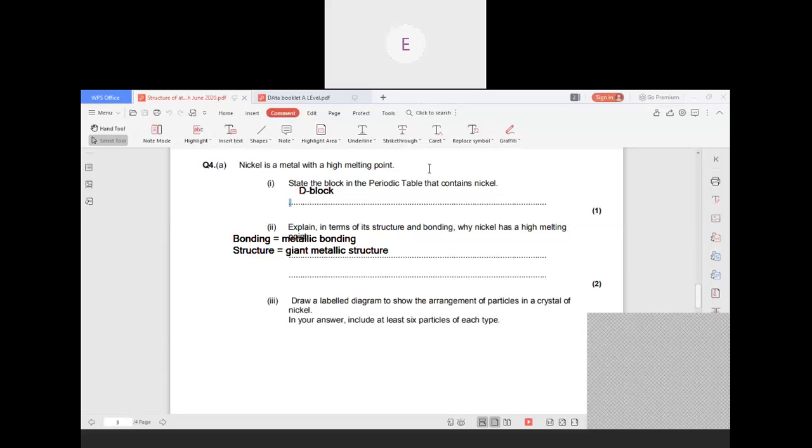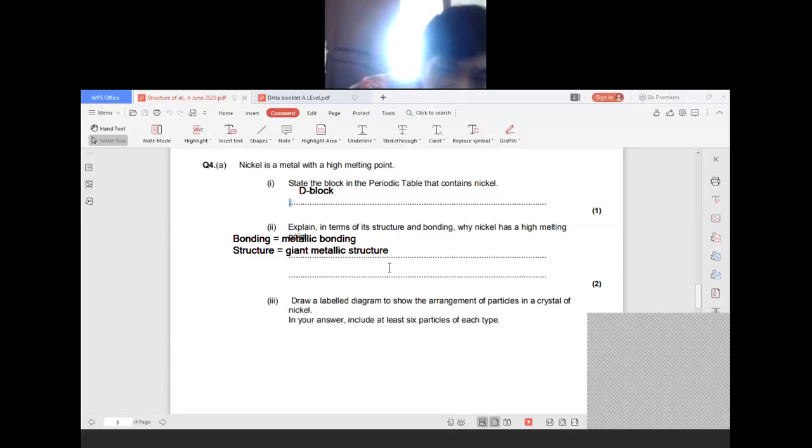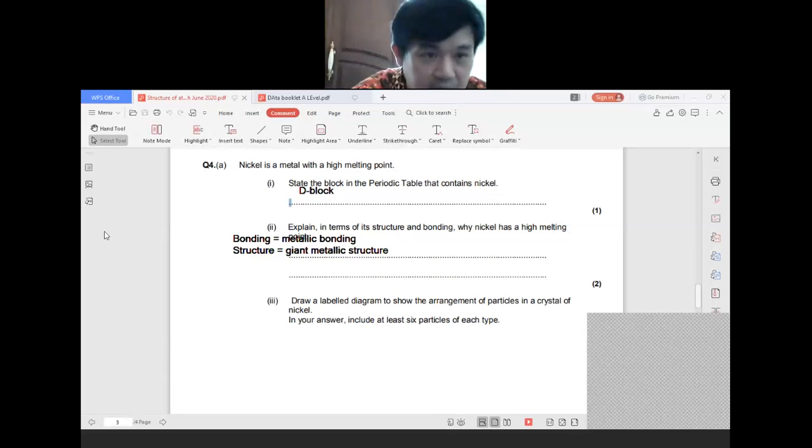Next, draw a labelled diagram to show the arrangement of particles in a crystal of nickel. In your answer, include at least 6 particles of each type. So here we have to draw the crystal.